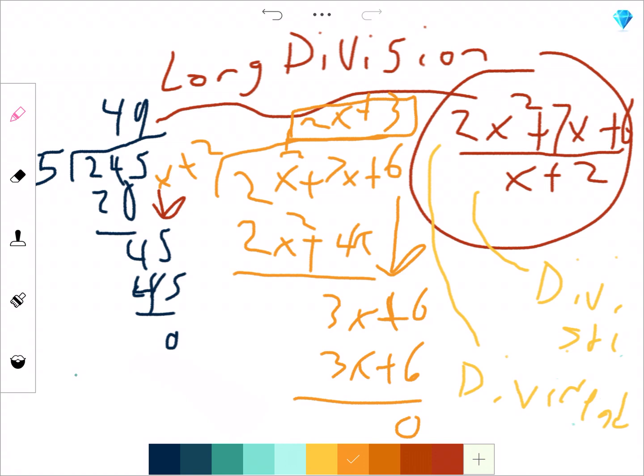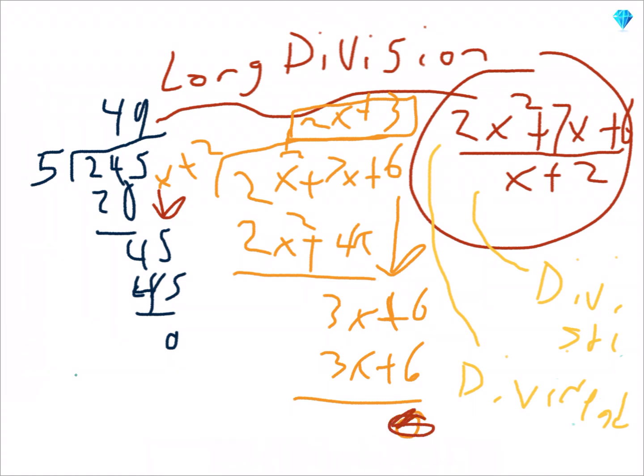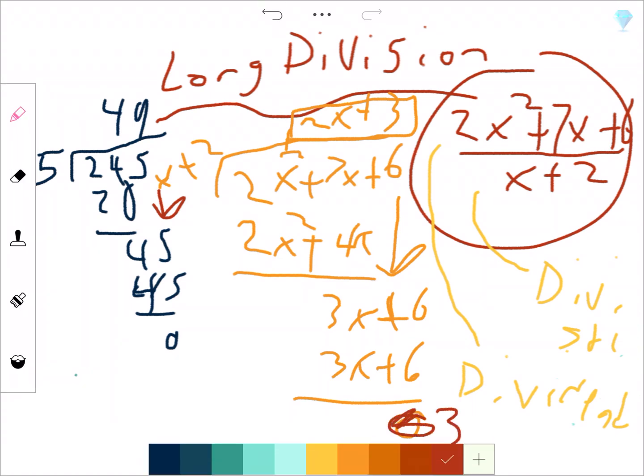Now you may be thinking, what happens if it doesn't come out to be 0? Let's just say it comes out to be 3. It doesn't actually, it's 0, but let's say it comes out to be 3. You may be thinking we go into decimals, because that's what we do for normal long division. But no, we're not going to go into decimals or extra numbers. We're just going to use a remainder, like 49 remainder 2 back in elementary school.